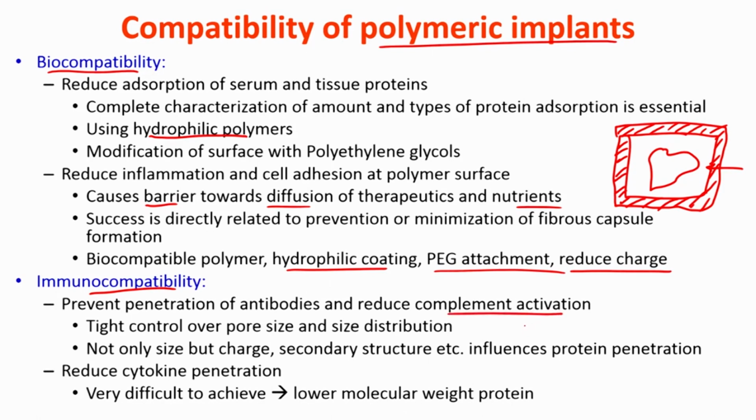Now this is very tricky, because most of the other immune system based molecules and cells are fairly large. We are talking about antibodies which are more than 100 kDa, and cells that are in microns. So it is easy to keep them from penetrating while letting small molecules like glucose and oxygen through. But as we discussed a couple of classes ago, complement proteins are also fairly small.